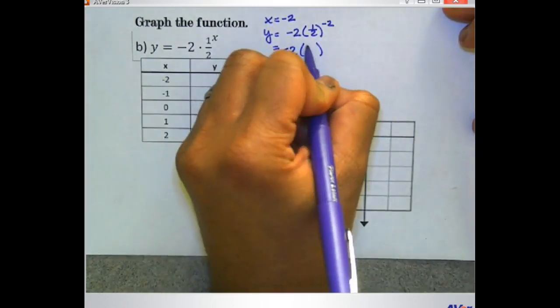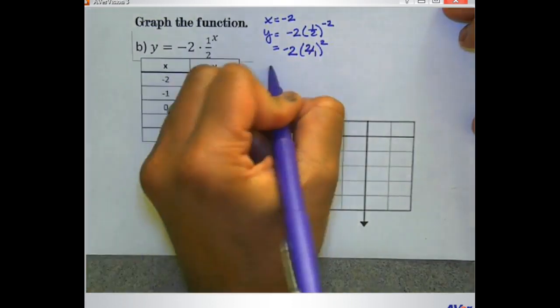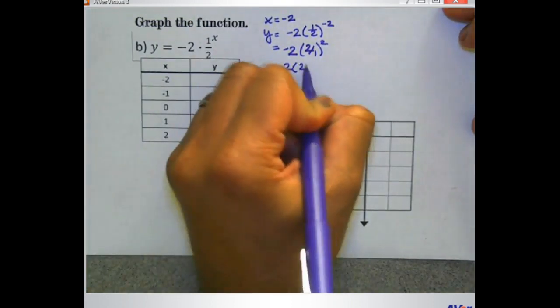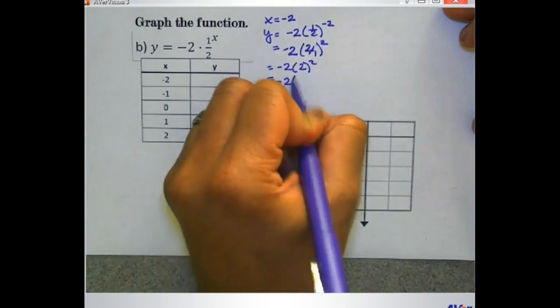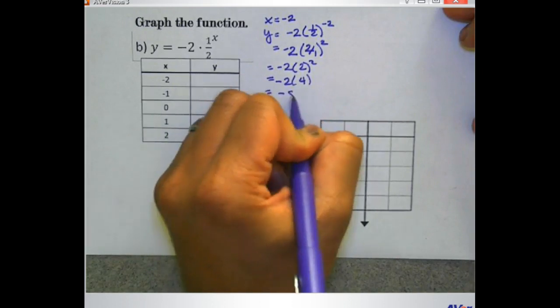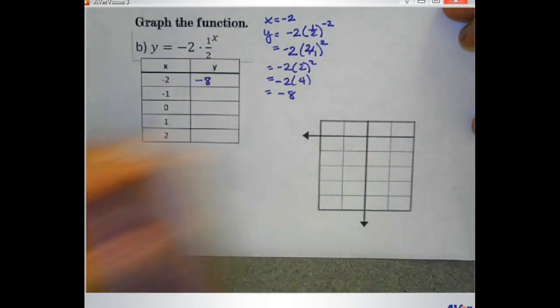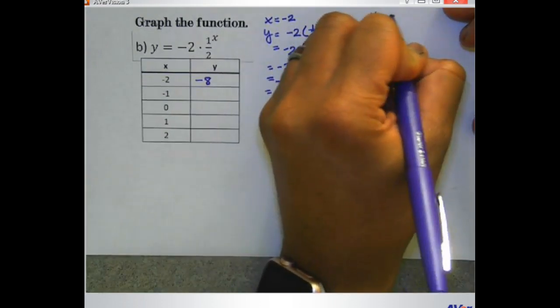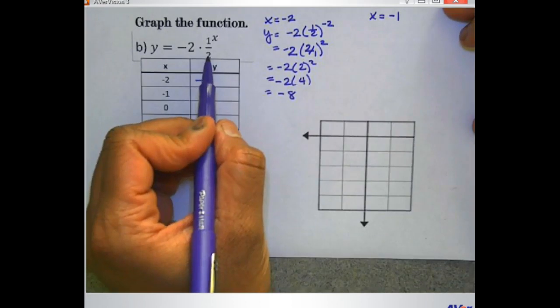So this is the same as -2 times 2 squared. Remember, you have to do exponents first, so this is -2 times 4, which gives me -8.